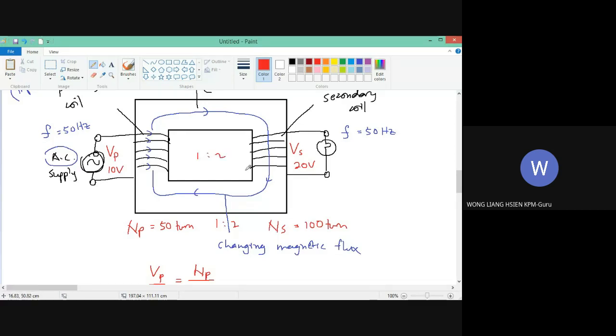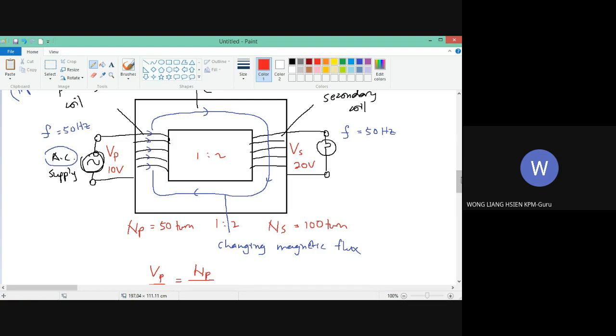Same thing. So this is how the transformer works to increase or decrease the voltage. Of course, if we want to decrease the voltage, all we need to do is make the number of coils in the secondary coil lower than in the primary coil. Then the voltage can be decreased.